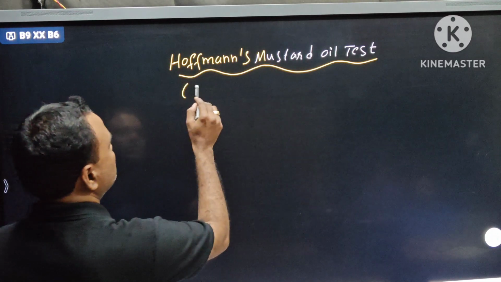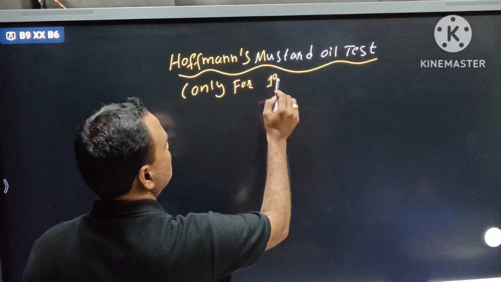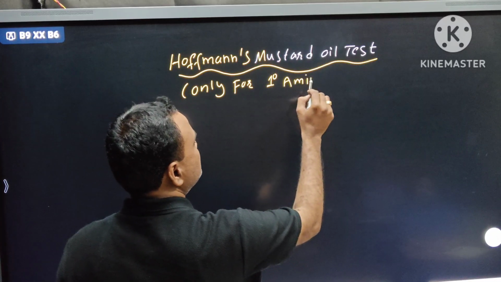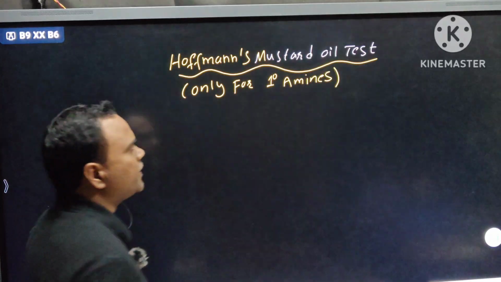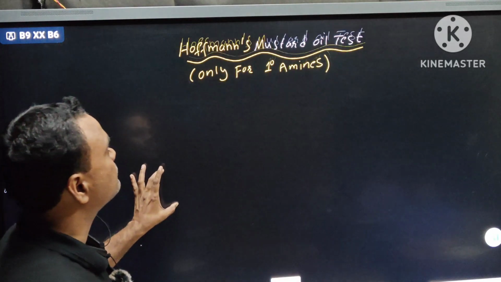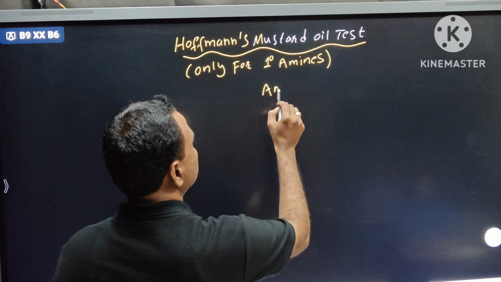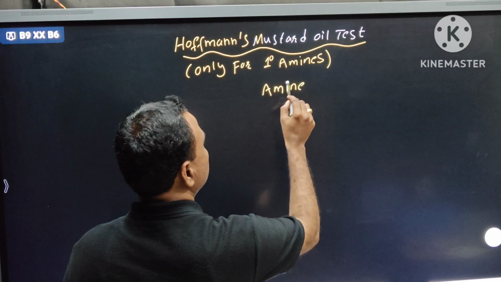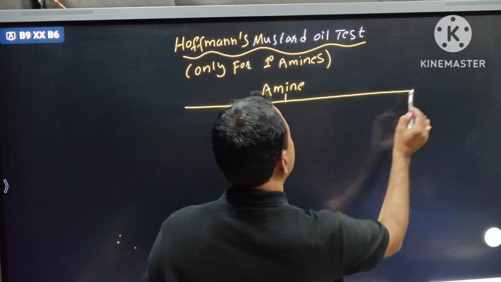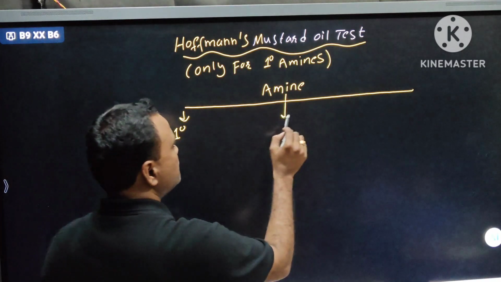Hoffman's mustard oil test is only used for detection of 1 degree amines. Amines are primary, secondary and tertiary.